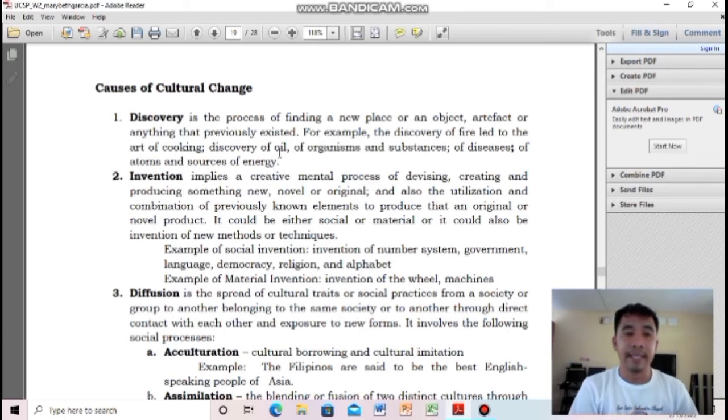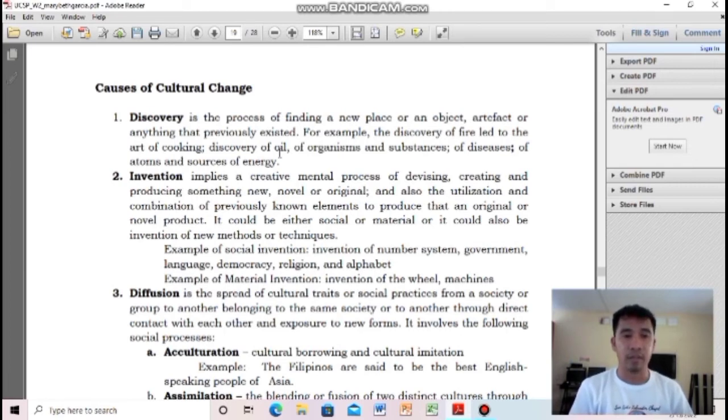Okay, next is invention. Ang pag-create sa mga bag-o nga mga butang or mga bagay-bagay sa aton nga palibot. Example of social invention is invention of number system, sa government, no? Ang pag-invent sa mga machines are examples of invention nga nagakos nga nagabago ang aton kultura.